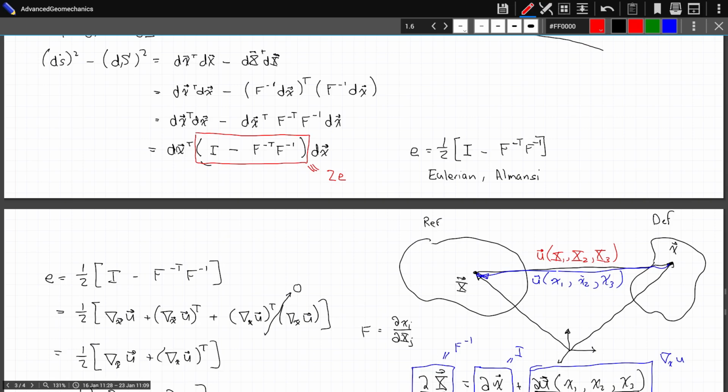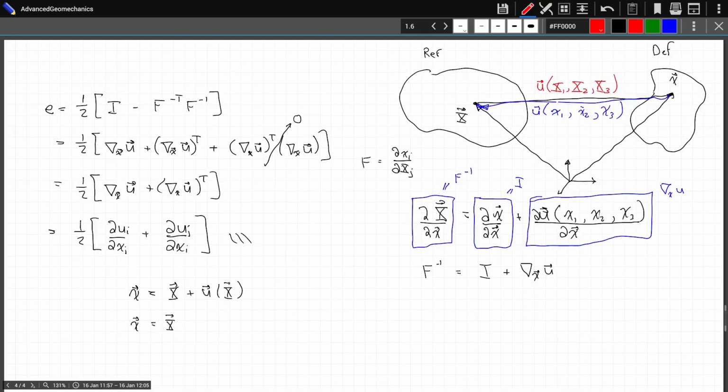And again, as I mentioned before, there's an infinite number of strain measures. We can reference them to anything. We could reference them to some intermediate configuration, or the wall over there, or whatever, right? And we'll see how that affects what our notion of stress is later, probably next class.